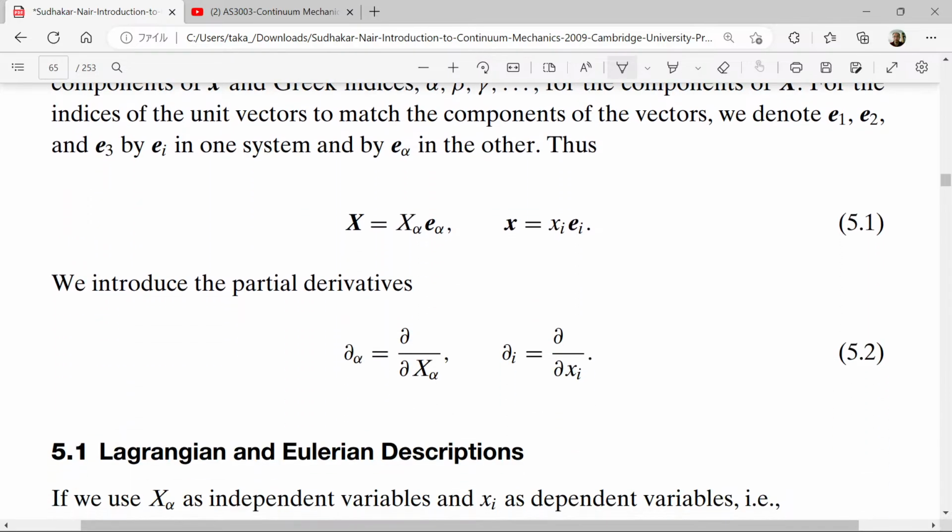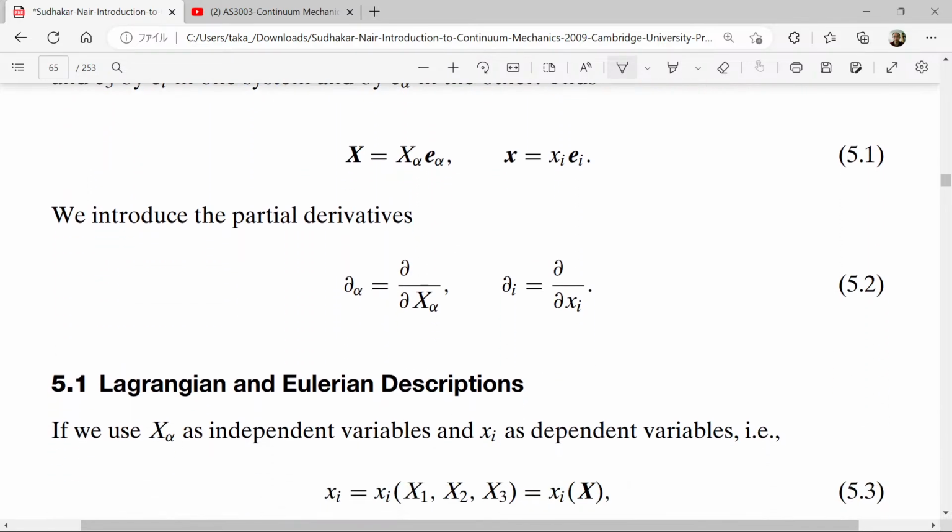Thus, X equals X_alpha E_alpha, small x is x_i e_i. We introduce the partial derivatives, partial alpha, partial i.